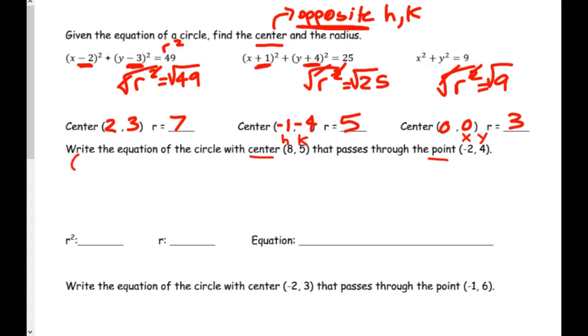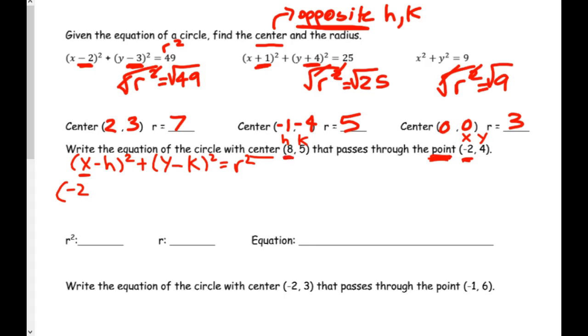First, let's write the equation. x minus h squared plus y minus k squared equals r squared. Okay? So x is part of this point, and what's x? -2. So the x and the y are going to be normal. -2 is still -2. But my h, that's opposite.